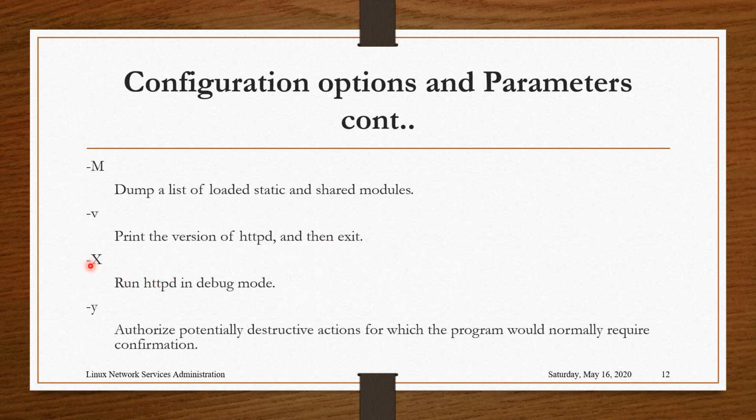And capital option -X, it will run the HTTPD in the debug mode. And finally option -y, it will authorize potentially destructive action for which the program would normally require confirmation.